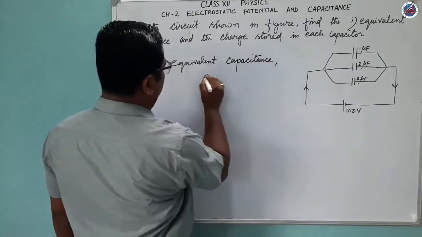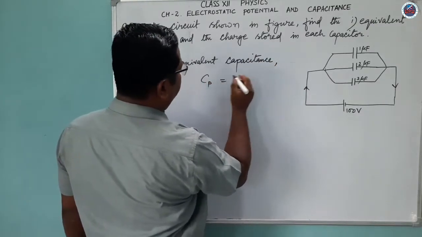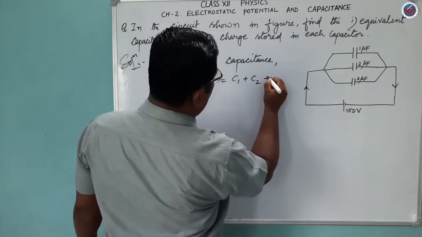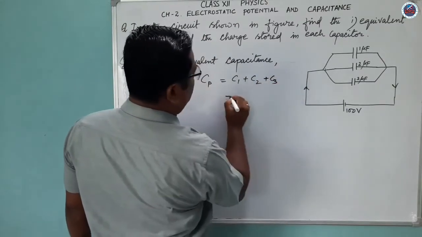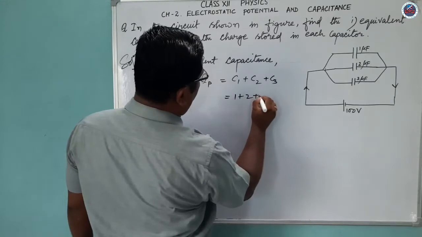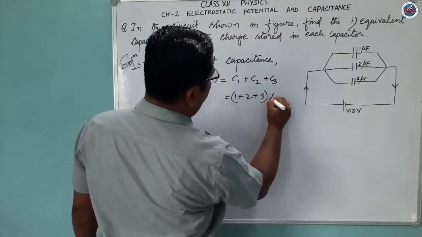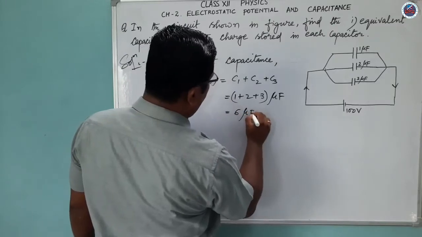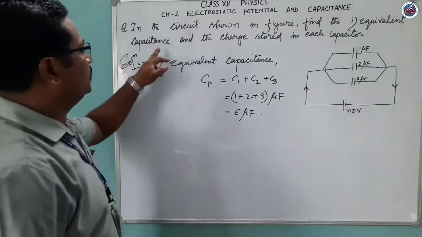Let us write it as capacitance in parallel, Cp. It will be the sum of all the individual capacities, 1 plus 2 plus 3, all in microfarad. So this is 6 microfarad. This is the first part of the question.